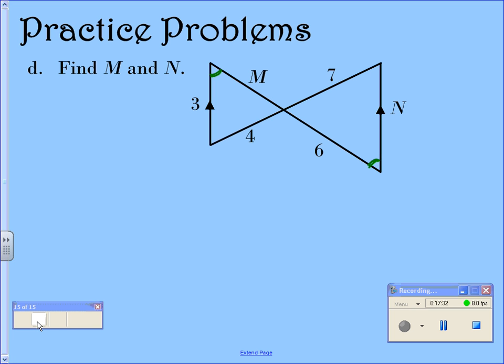These are congruent. Okay. So which angle would be congruent to that angle? The one up top. Does that answer your question?